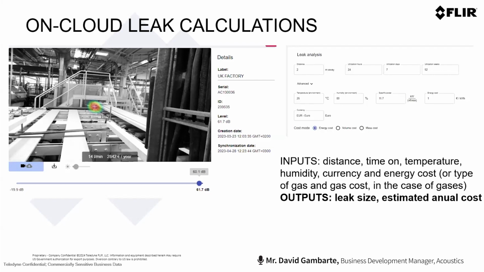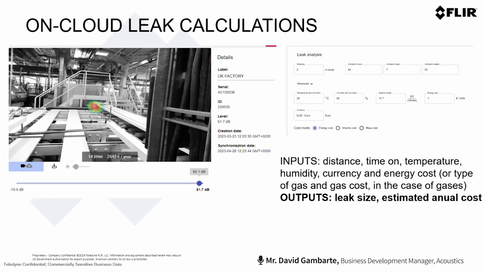Temperature and humidity. This is also worth mentioning: maybe here it is not so big a factor in leaks, because the distances are not as long as in partial discharge, but still it's important to check temperature and humidity. Currency and energy cost. And of course, if we're talking about gases, not compressed air, you need to state the type of gas and the cost of this gas for you as an organization.